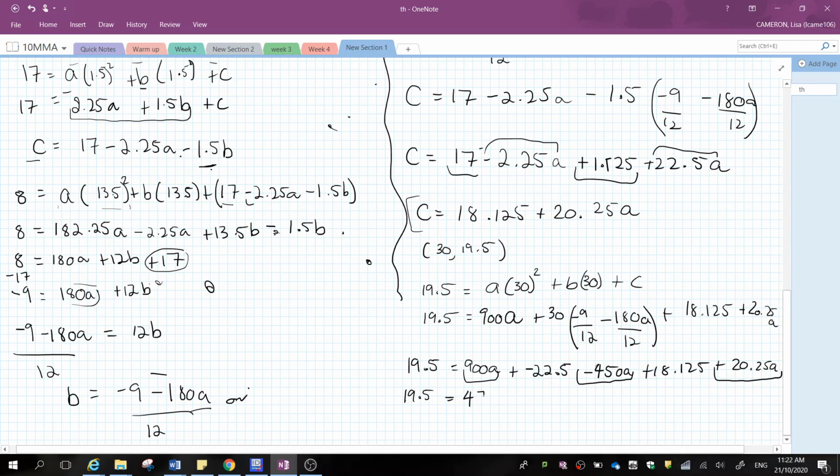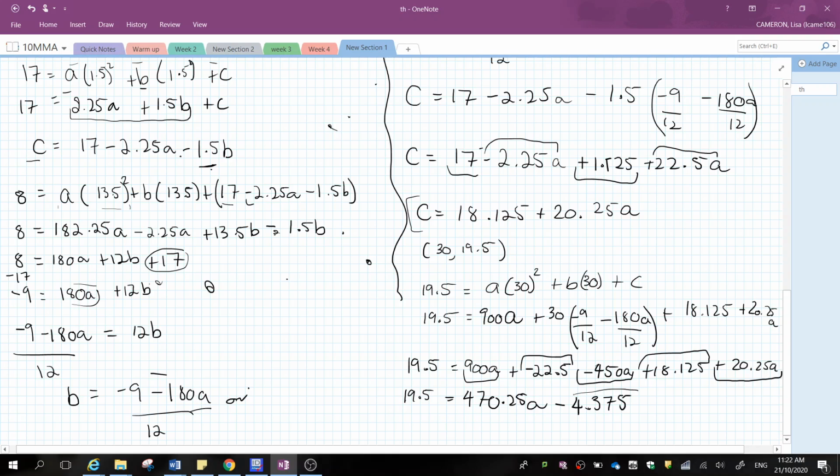Okay, so 470.25a. Okay, and now we're going to group our ones. So now we've got this one and we've got this one. So minus 22.5 plus 18.125 minus 4.375.